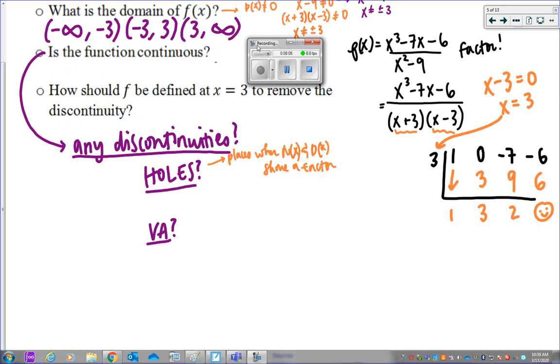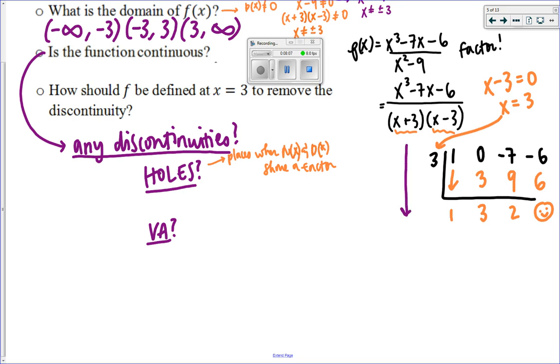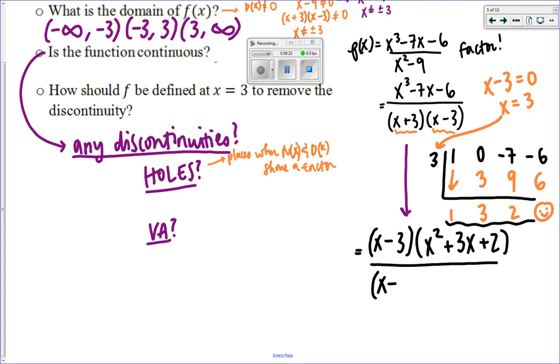Specifically, dragging this down, I actually have in my numerator x minus 3 times this, which is really x squared plus 3x plus 2, all over x minus 3, x plus 3.